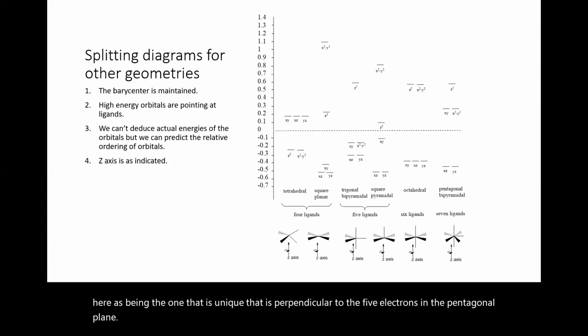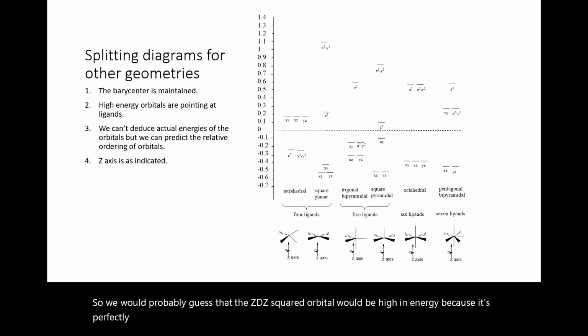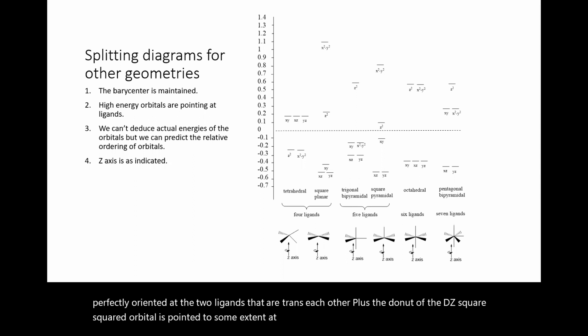So we would probably guess that the dz squared orbital would be high in energy because it's perfectly oriented at the 2 ligands that are trans to each other, plus the donut of the dz squared orbital is pointed to some extent at all 5 of the others.